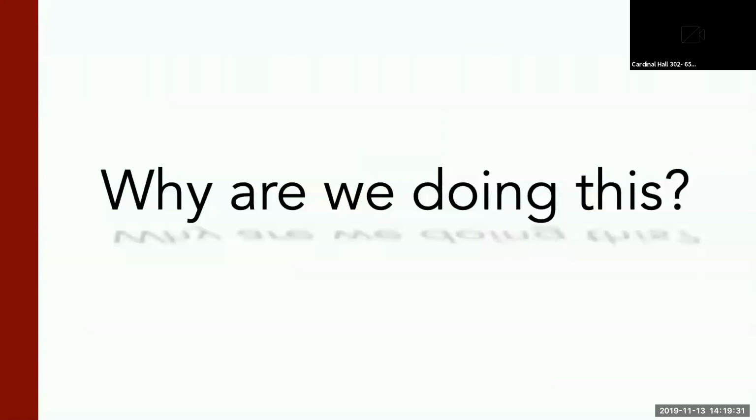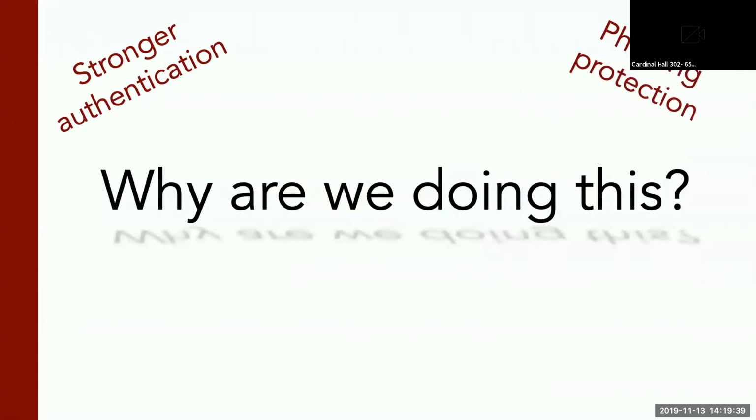So why are we doing this? Well, number one, as I mentioned early on, is my vision of having stronger user authentication. Number two is protecting against credential phishing, and I'll comment more on that later. We also want to identify devices.